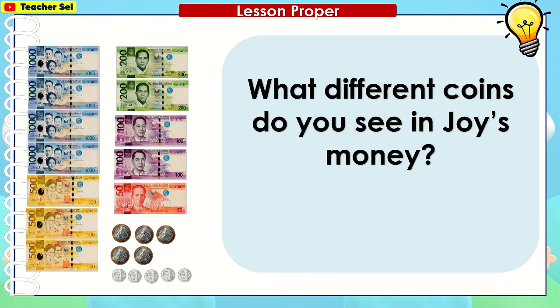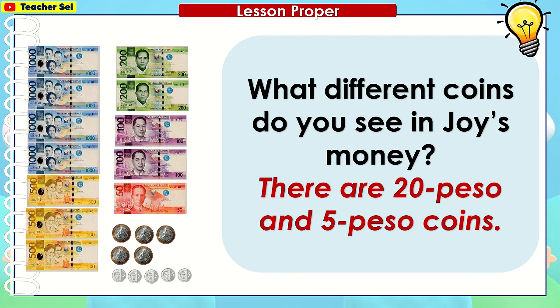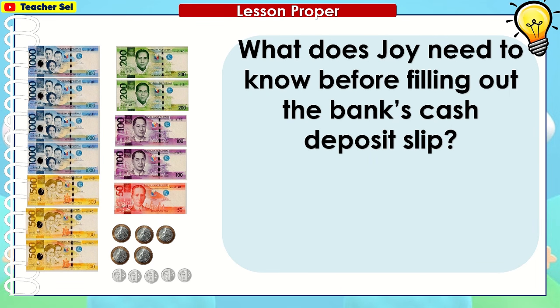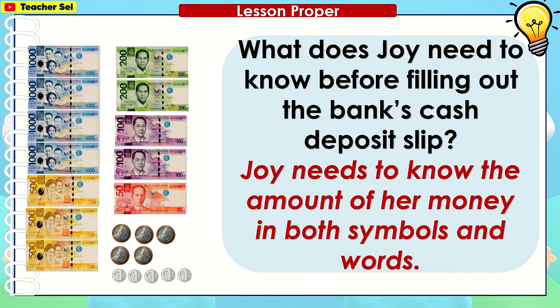What different coins do you see in Joy's money? There are 20 peso and 5 peso coins. What does Joy need to know before filling out the bank's cash deposit slip? Joy needs to know the amount of her money in both symbols and words.